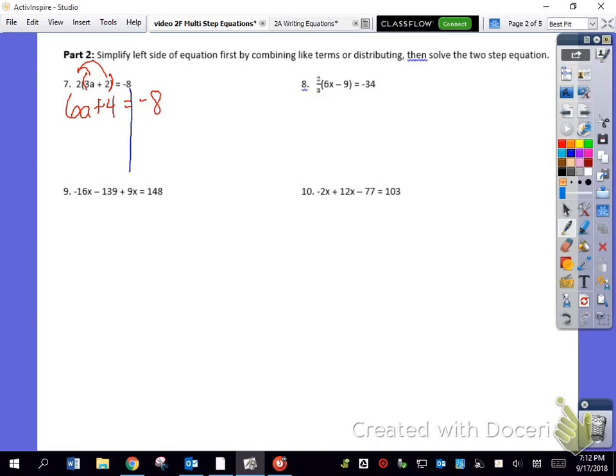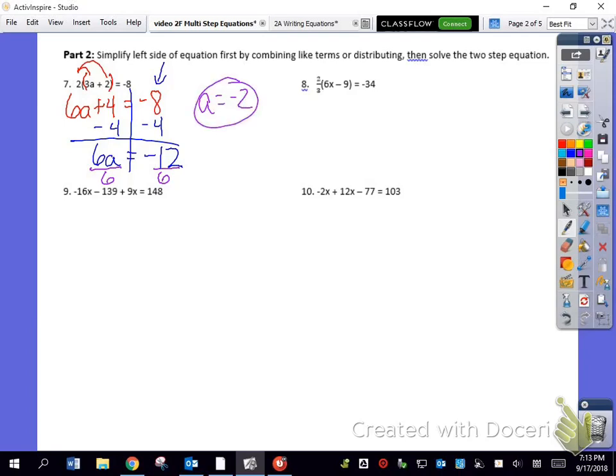So the opposite of adding 4 is subtracting 4. And remember, when you put that in your calculator, you always enter from the top down. So -8 minus 4, which is -12. And then the opposite of multiplying by 6 is divide by 6. So your final answer, A equals -2.